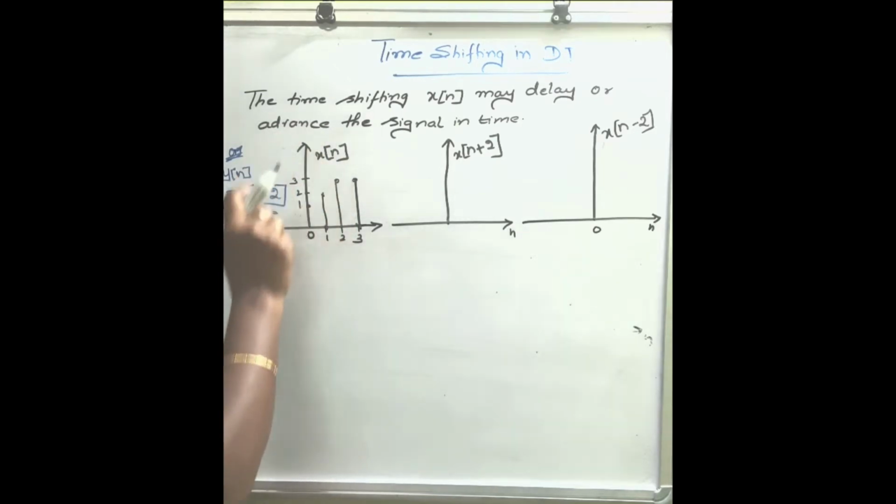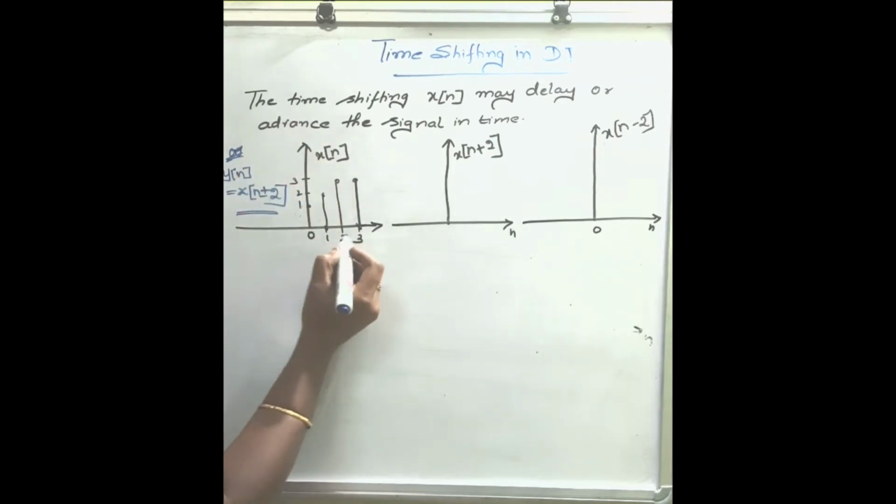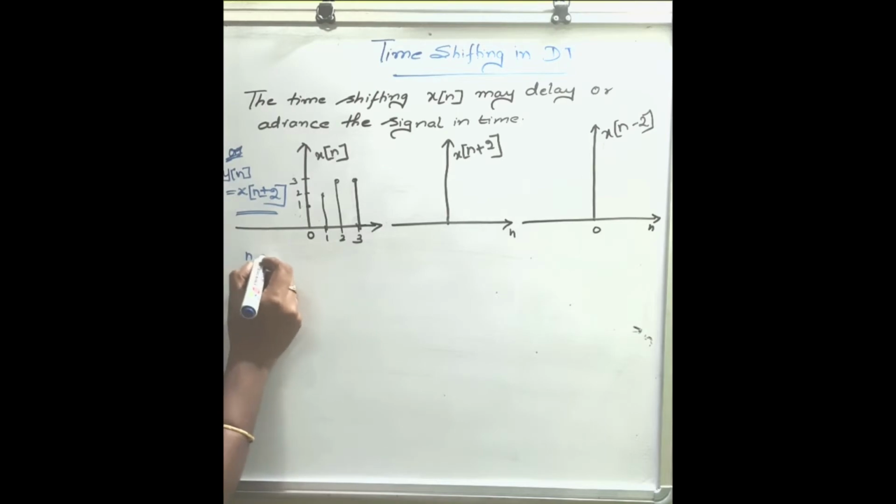So this is the initial signal given, and here are the values of n: n is equal to 0, 1, 2, and 3. So these are the different values of n for the original signal.